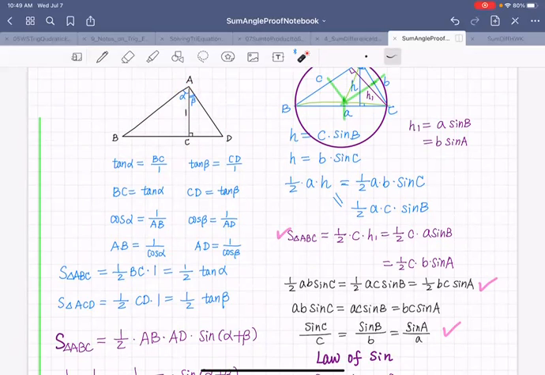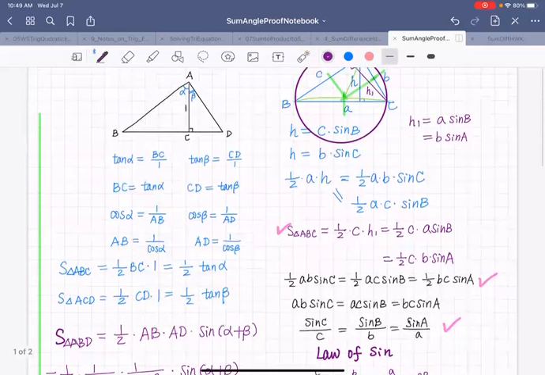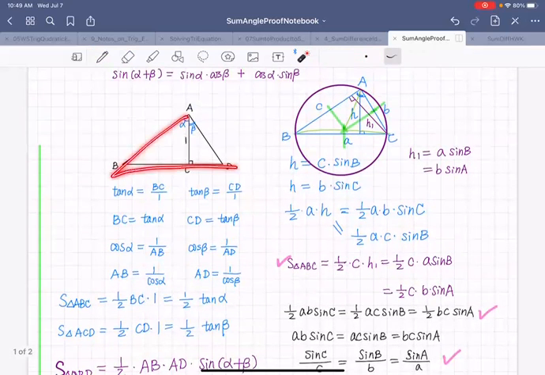Now we want to get the area of triangle ABD. Sorry, I should put triangle ABD. For this triangle, the area can be represented by 1/2 times BD times AC.